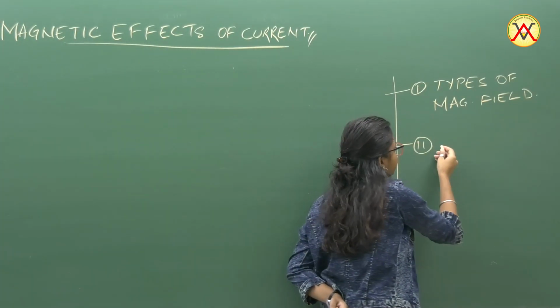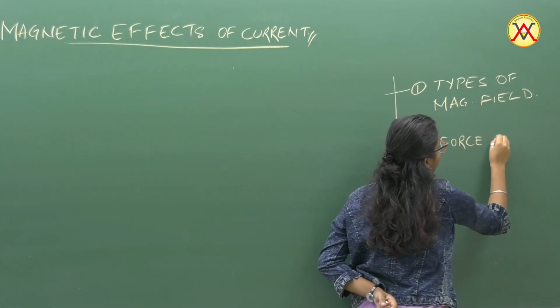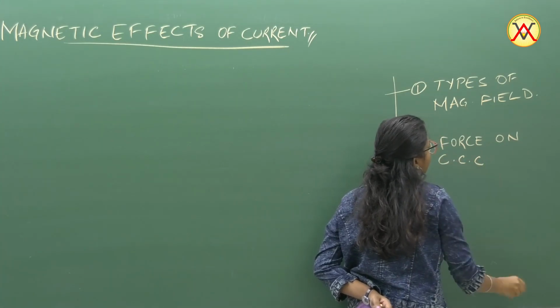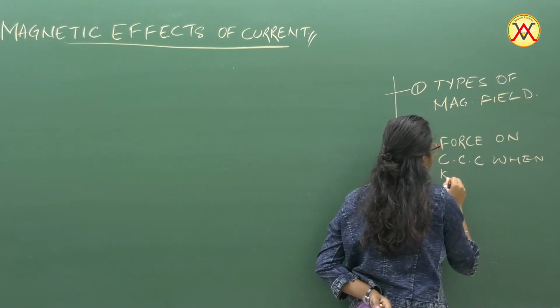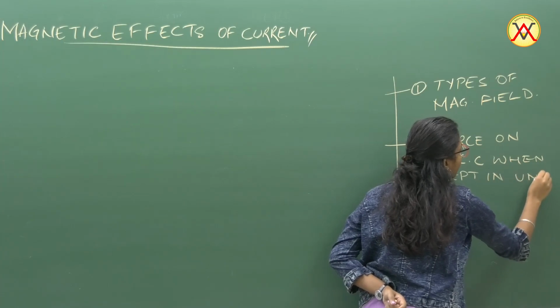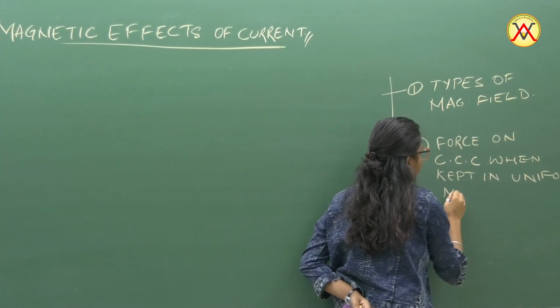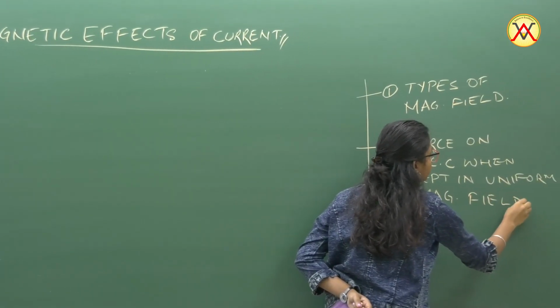number second, force on current carrying conductor when kept in uniform magnetic field.